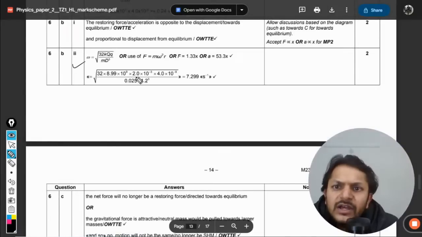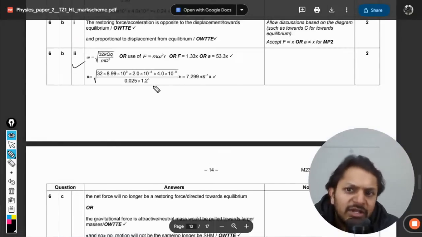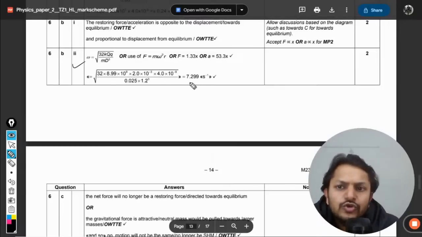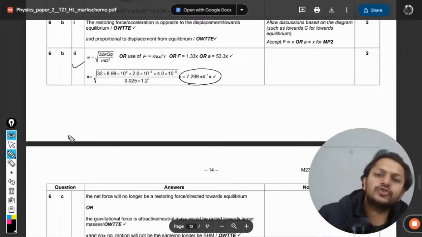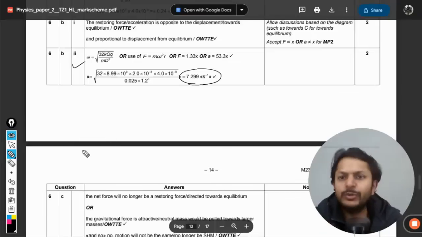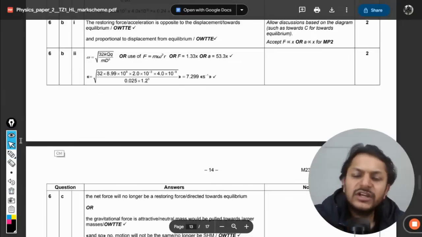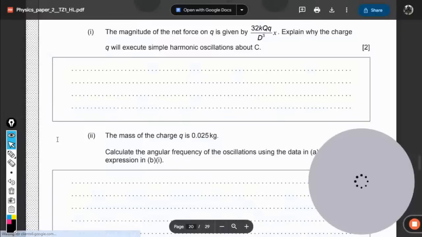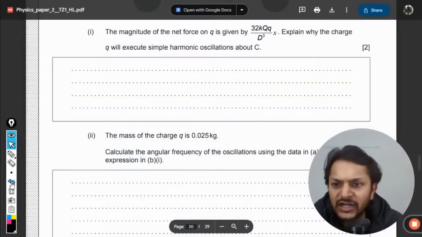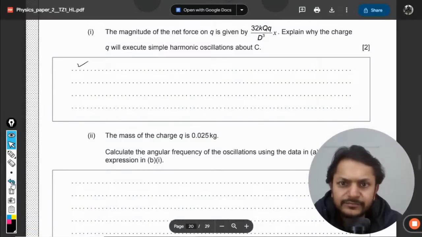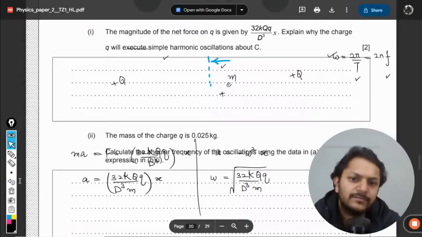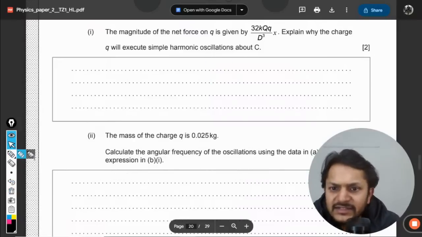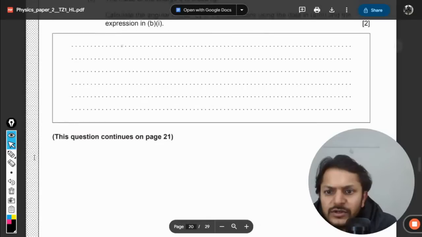This is omega, 32k capital Q small q divided by md cubed. This is what you were supposed to do, and this is the answer that you should be getting, 7.3. So you can just take your calculators and do the calculation that I have just written here. Okay, let us now move next.